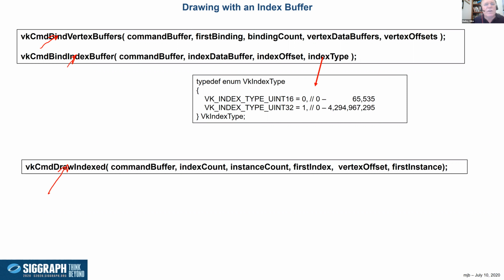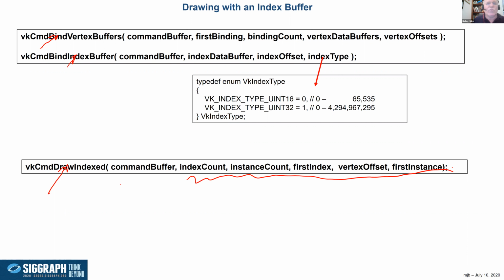And just like OpenGL, there is this concept of what's the current buffer that I'm using? And that's here. So when I say draw indexed, I don't have to say which vertex buffer, which index buffer am I using. It already knows. It's the ones that are currently bound.